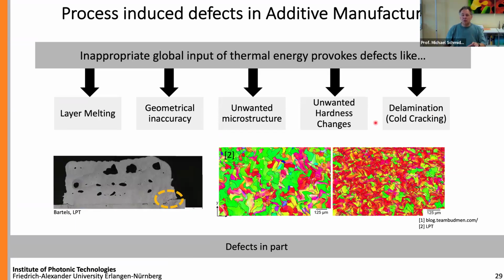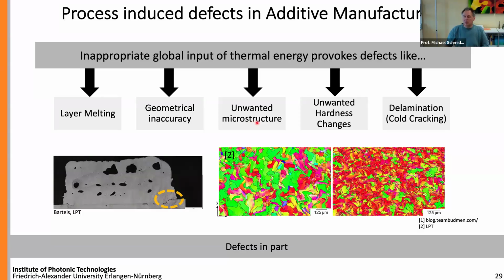But we also have, of course, global things we have to look at, global possible defects or global effects that can lead to defects. If we have too much energy in there, too much heat, we can have layer melting that leads to geometrical inaccuracy. We can have an unwanted microstructure. I'm going to talk about that a bit later.